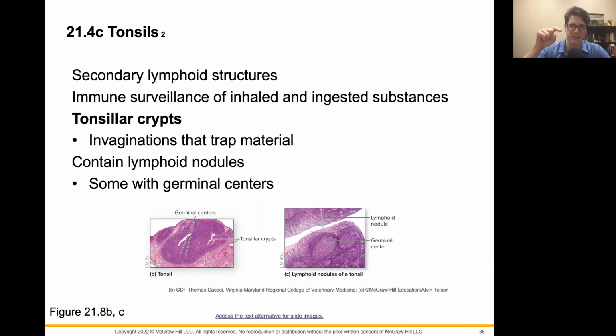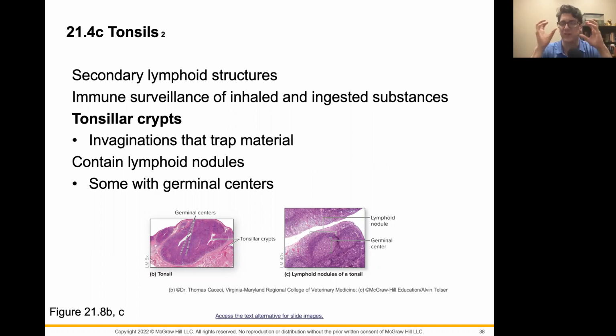This gives us a lot of surface area, but also a lot of little cups that we can trap material in. So that material can get trapped in those little tonsillar crypts. When that happens, that gives us a chance to bring those materials in and check to make sure that they're going to be fine.